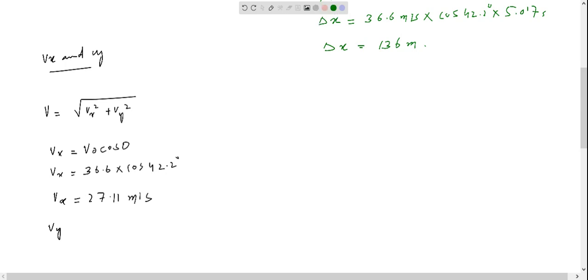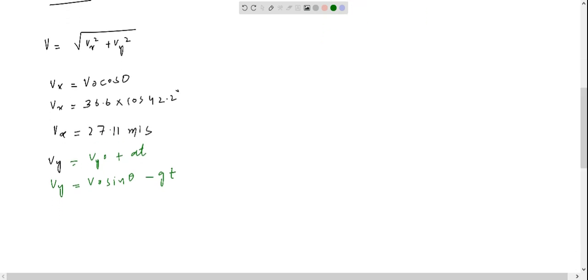is equal to V naught y plus at. So Vy is equal to V naught sine theta, with acceleration given as minus g t, because the projectile is moving against gravity, so that's why we put acceleration equal to minus g.